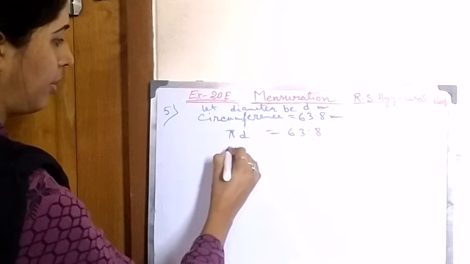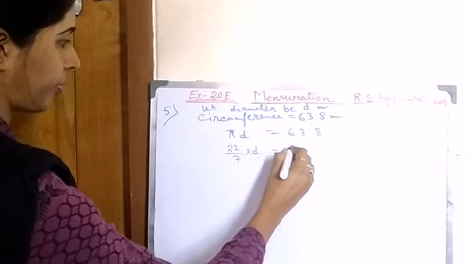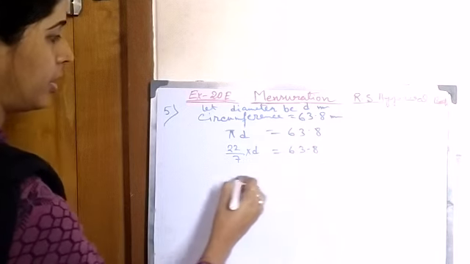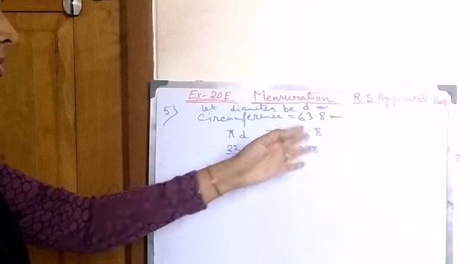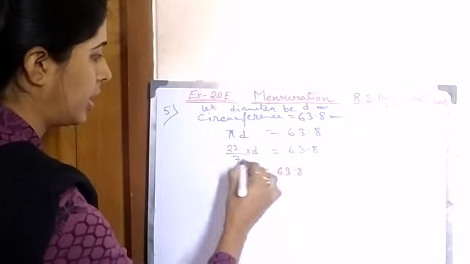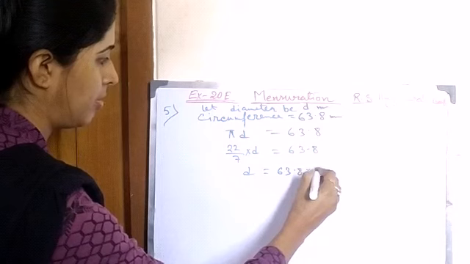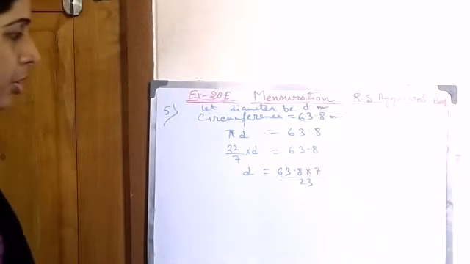Now pi means 22 by 7, so 22 by 7 into d equals 63.8. Now d will be single here and this 22 by 7 will go to the other side: 7 will be multiplied with 63.8 and 22 will come down.